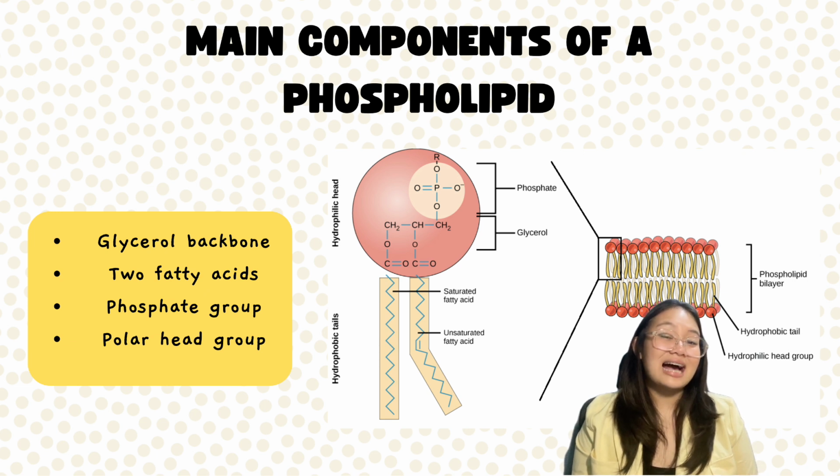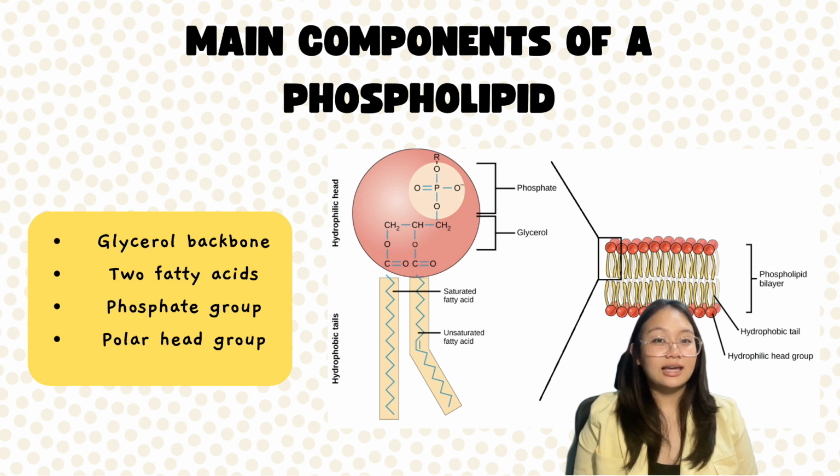The two fatty acid tails, these are long hydrocarbon chains that attach to the first 2 carbons of the glycerol. Third, the phosphate group is the one that attaches to the 3rd carbon of the glycerol, and this part carries a negative charge. And lastly, the polar head group. This connects to the phosphate and can vary, such as choline, serine, or ethanolamine.